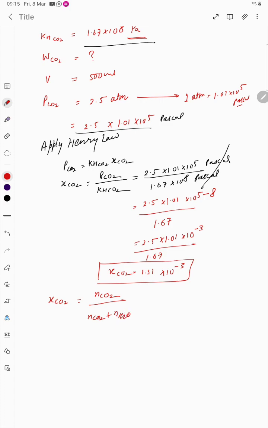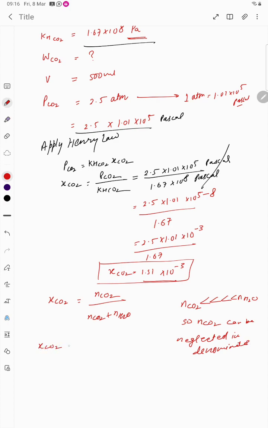In the denominator, n_CO2 will be very small compared to n_H2O, because the mole fraction is very small. So n_CO2 can be neglected in the denominator.